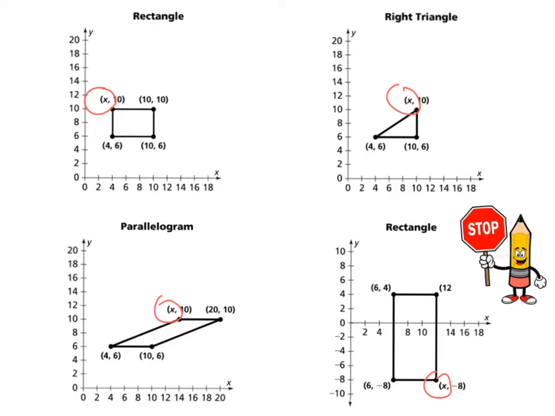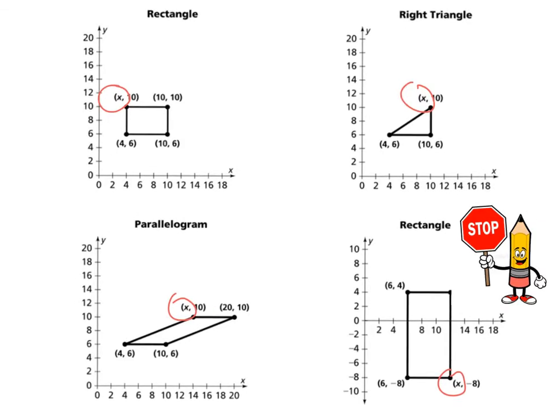What you should have got for each one: for your rectangle, your missing coordinate is 4. For the right triangle, your missing coordinate is 10. For the other rectangle, your missing coordinate is 12. And for the parallelogram, your missing coordinate is 14.